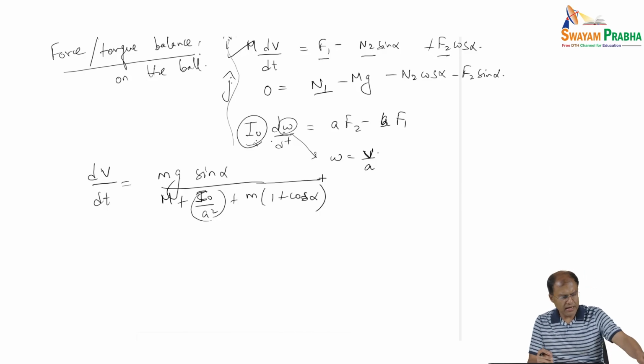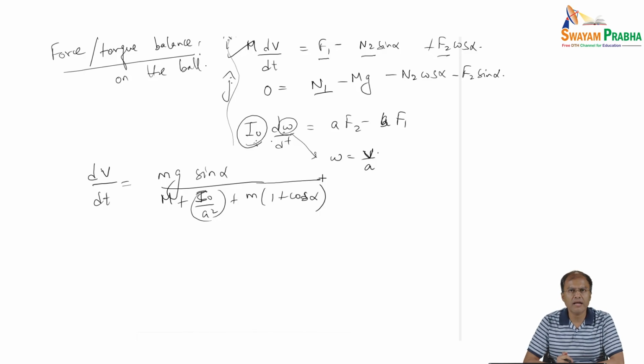I think that explains this problem. The next set of examples I have is related to 3D statics, again the equilibrium setup of an object which is kept in 3D space.